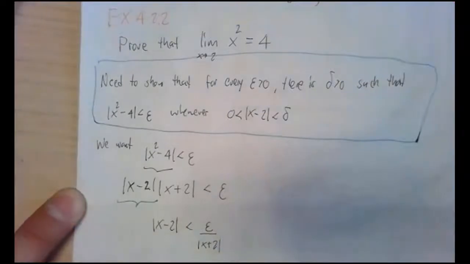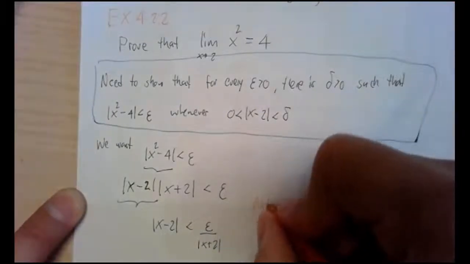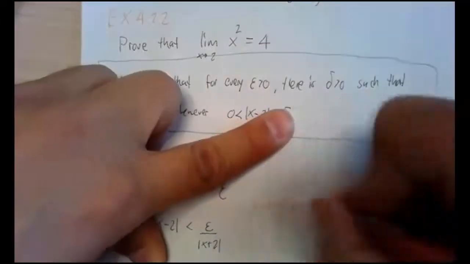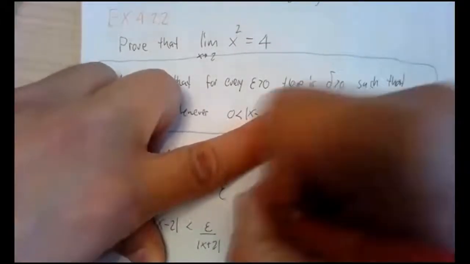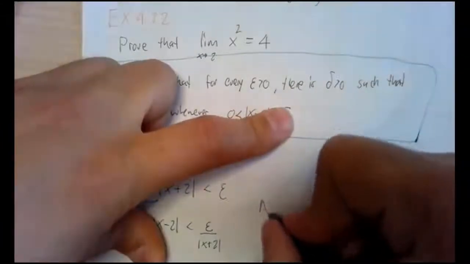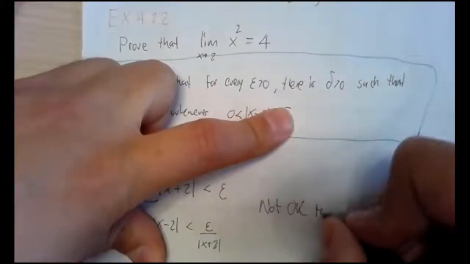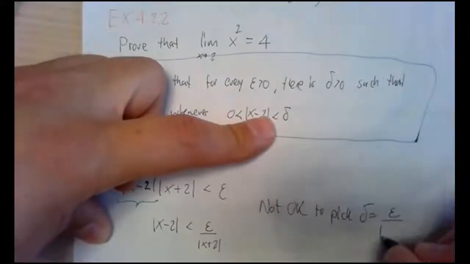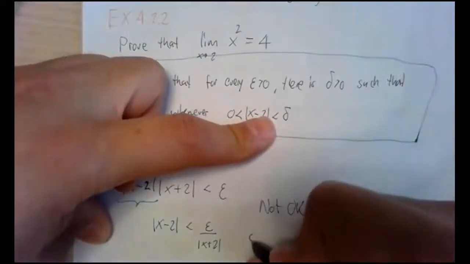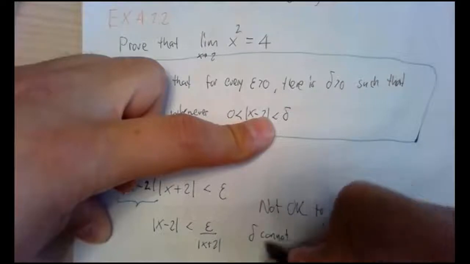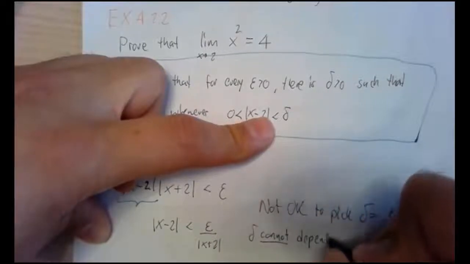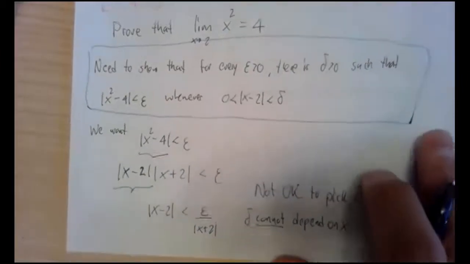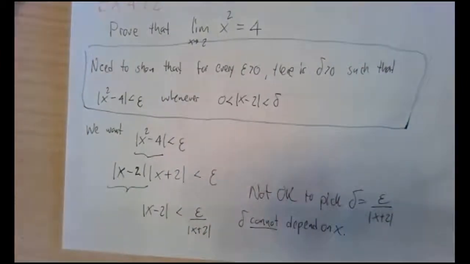So it's not okay to pick delta equals epsilon over |x plus 2|. Delta cannot depend on x. This is important because a lot of people did it last semester when trying to do limits.